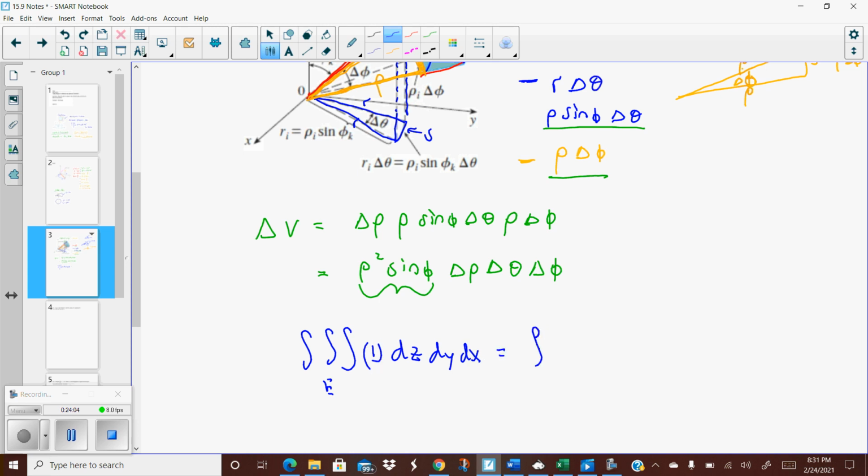That is the same in spherical as the triple integral over E of rho squared sine phi d rho d theta d phi. And there we have it.